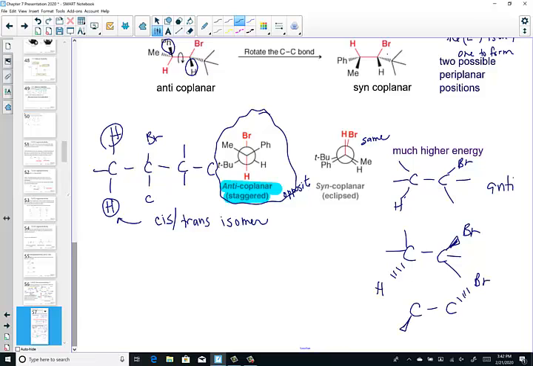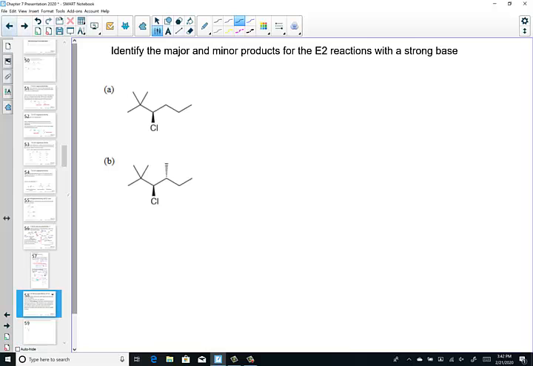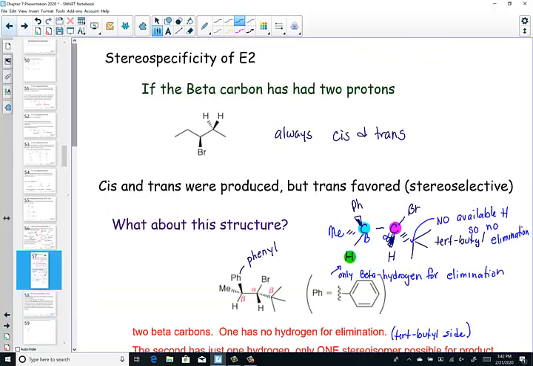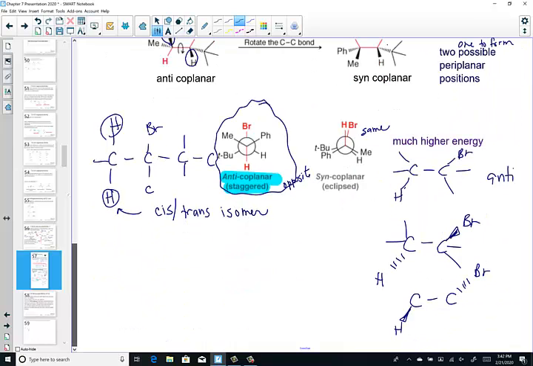So when we think about trying to work through anti-coplanar, perhaps the Newman projections make the greatest sense. Notice that the bromine and the hydrogen are on opposite sides of the same plane in a Newman projection that is anti-coplanar in a staggered position. If they are not in the same plane, if they're syn or the same side, notice this would be the eclipsed position.